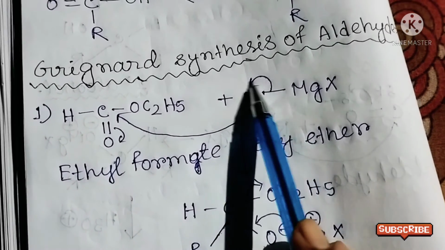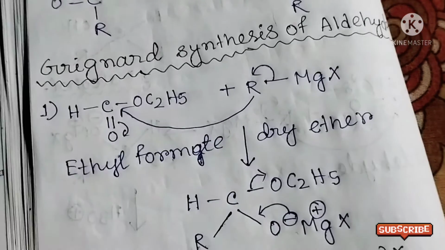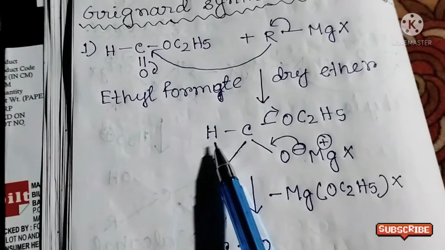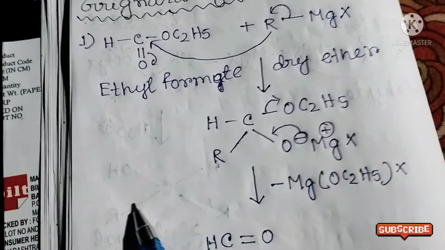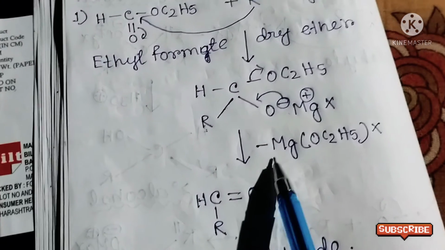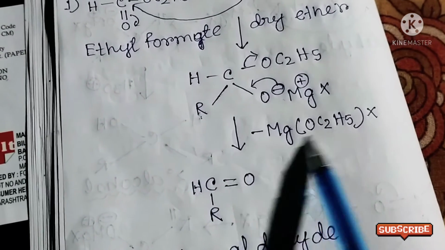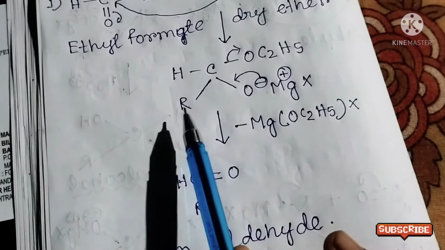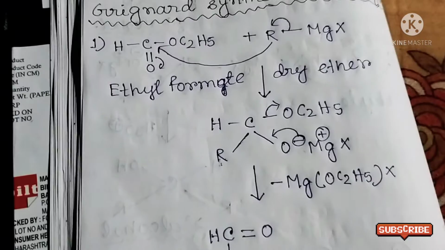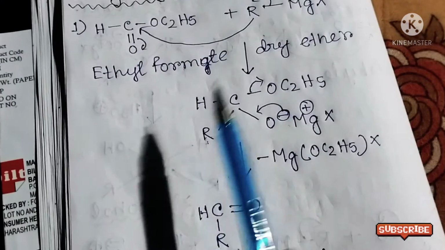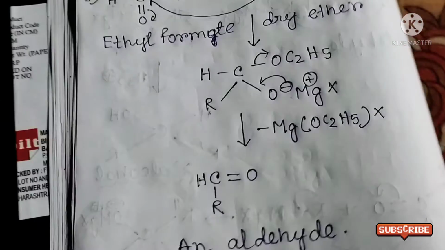This bond breaks, R will attack this carbonyl carbon and this double bond shifts from here to here, and as a result we get HCR OC2H5 O minus Mg plus X, and MgOC2H5X will be removed from this, and here we get RCH double bond O, which is an aldehyde. So from ethyl formate with Grignard reagent and dry ether, we get aldehyde.